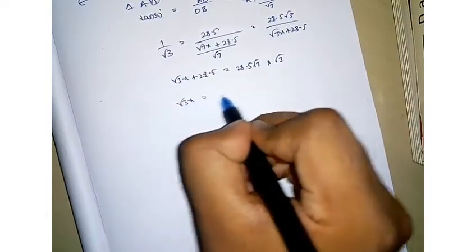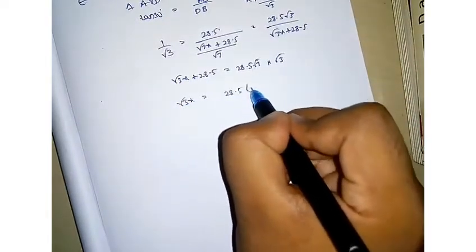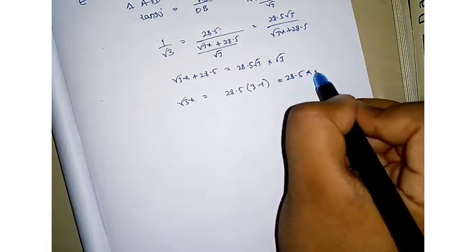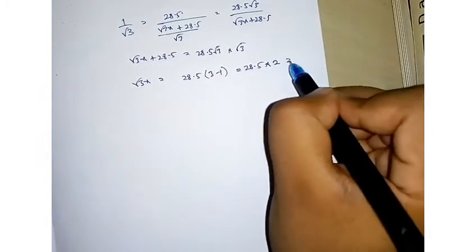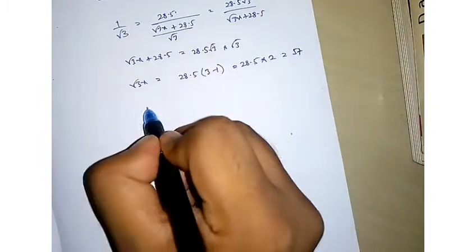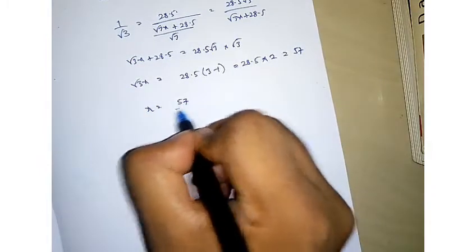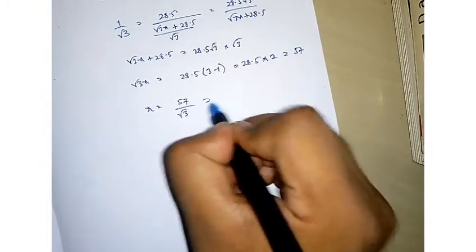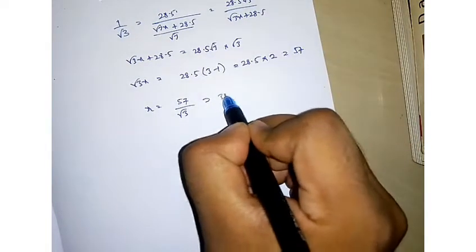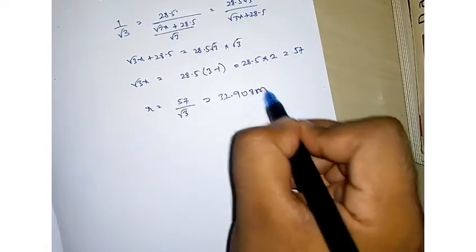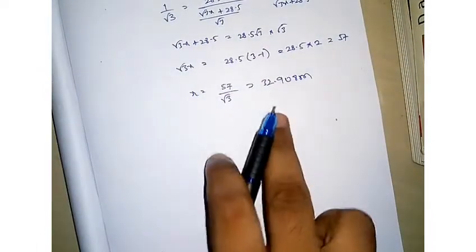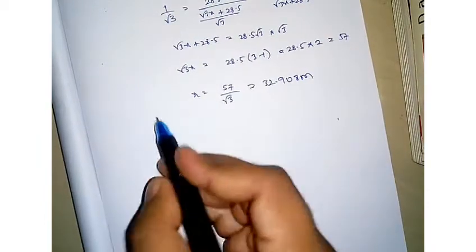Root 3x is equal to 28.5 into (3 minus 1), which is equal to 28.5 into 2, which is equal to 57. So x is equal to 57 by root 3, which is equal to 32.908 meters. Therefore, the distance he traveled is 32.9 meters.